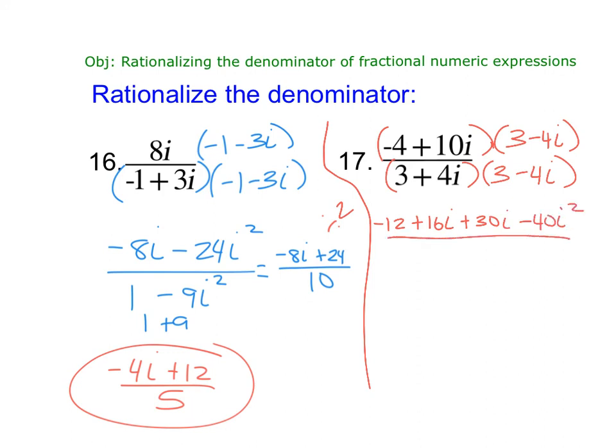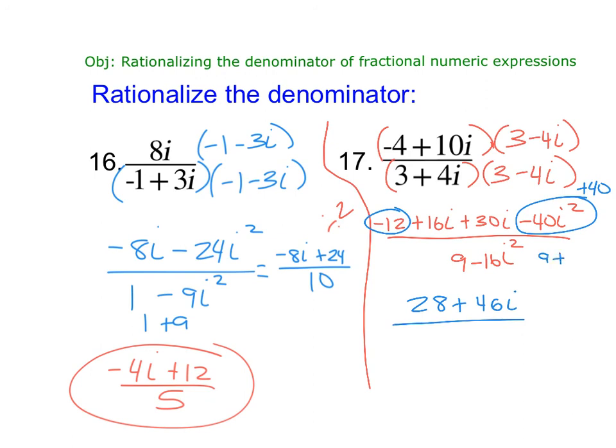That's FOILing out the top, multiplying out the binomials. 9 minus 16i squared. So I get, this becomes a plus 40. 40 minus 12 is 28 plus 46i over, this becomes 9 plus 16, which is 25. And you can't do anything there, and you are done.